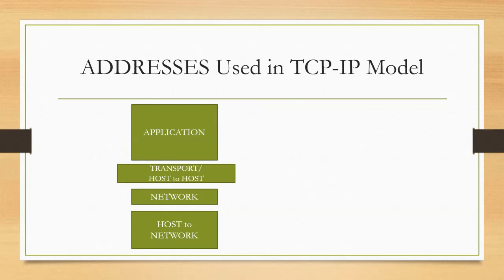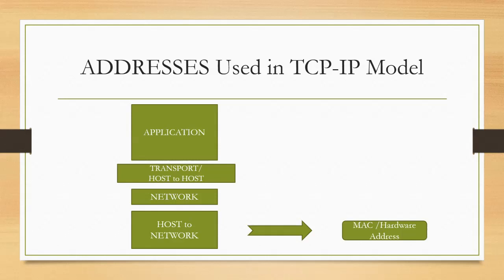In the TCP/IP model, the data link layer is merged into the host to network layer. So the physical addressing is the task of the host to network layer. Similarly, the functionality of the network layer is logical addressing, and in the TCP/IP model also, the network layer deals with logical addressing. So we have the MAC address or hardware address.